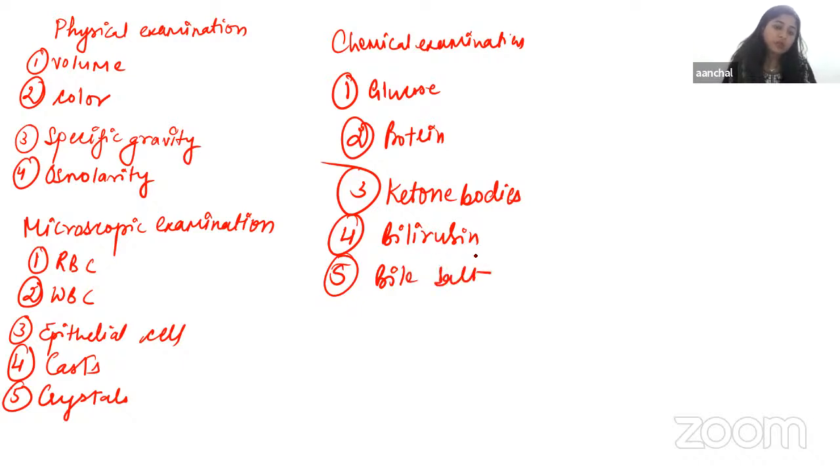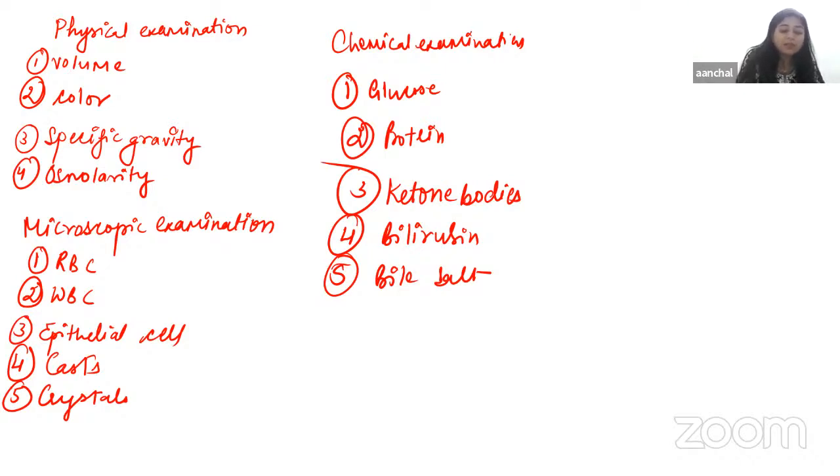Okay. So glucose appears in urine when the glucose blood level increases above 180 mg per deciliter. Protein: presence of excess protein indicates the condition of proteinuria, and particularly albumin is majorly there.